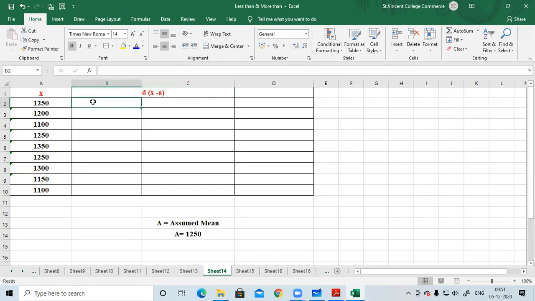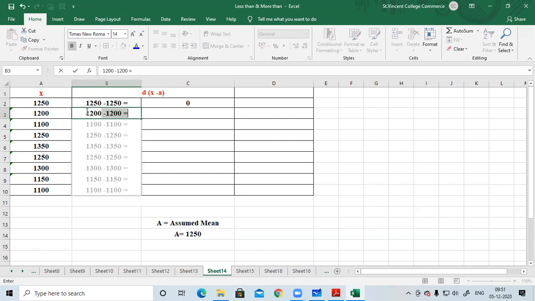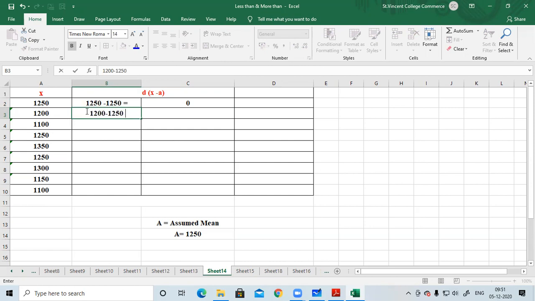So what I will do here is X minus 1250. First one, 1250 minus 1250, I get 0. Next, 1200 minus 1250, which I get as minus 50. Is this right?